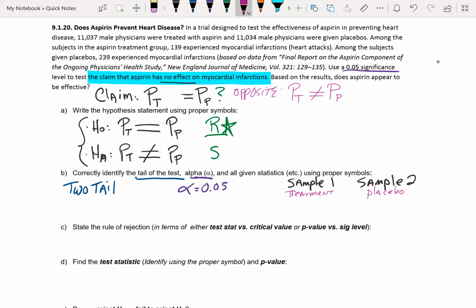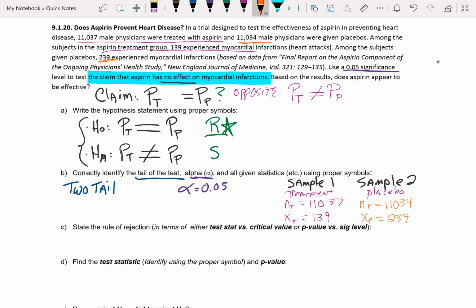So for our treatment group, we had a sample size of 11,037 and the number of successes, which is a little bit weird here because a heart attack is a success, but the number of them is 139. And then for our placebo group, we had 11,034 in the sample and 239.